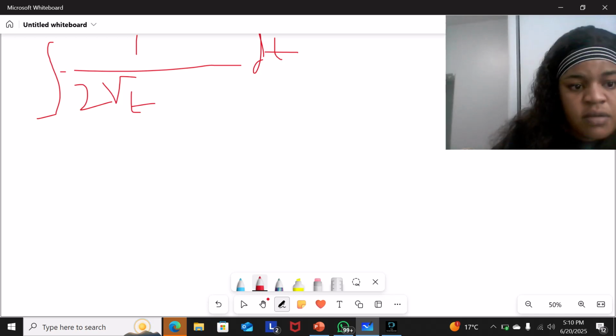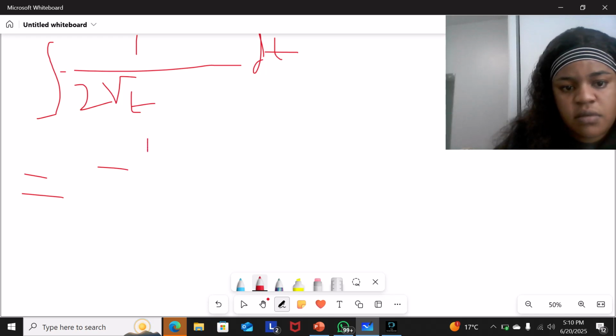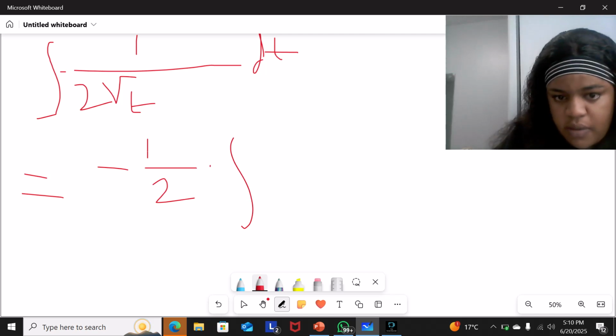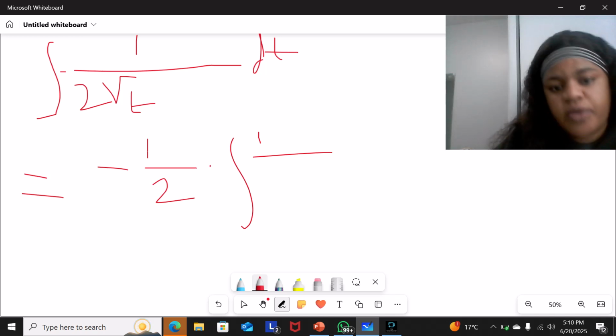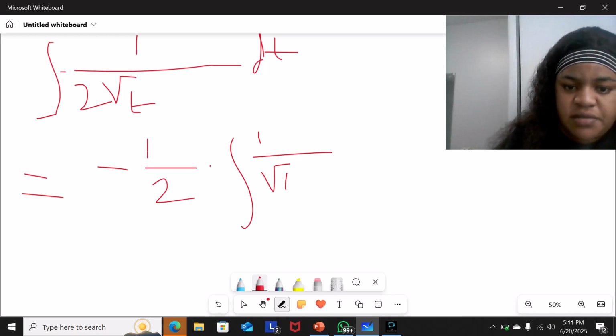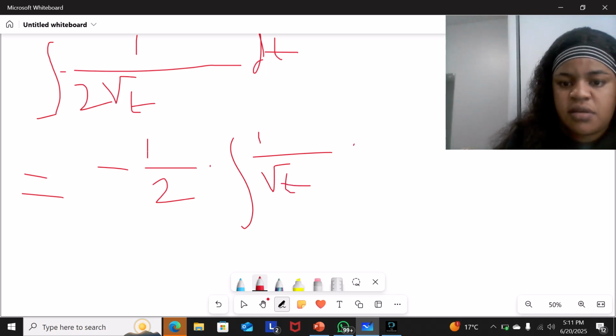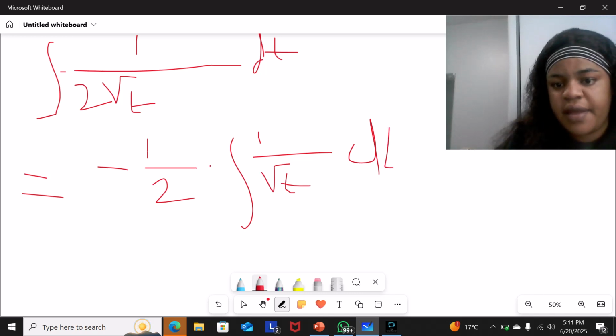And then it's going to be equal to negative 1 over 2 times the integral of 1 over the square root of t dt.